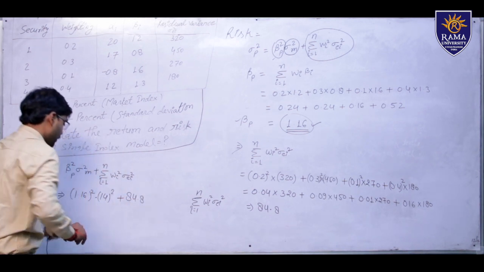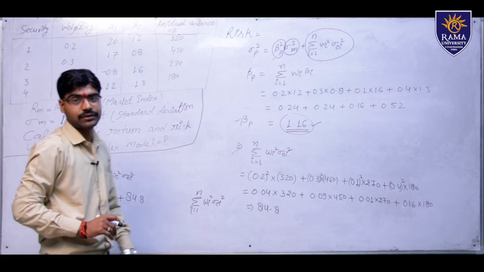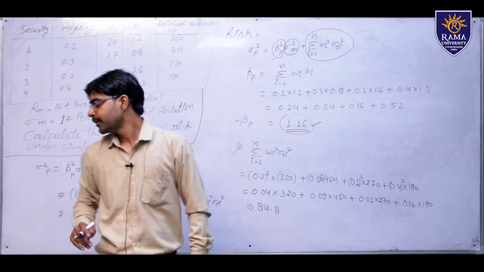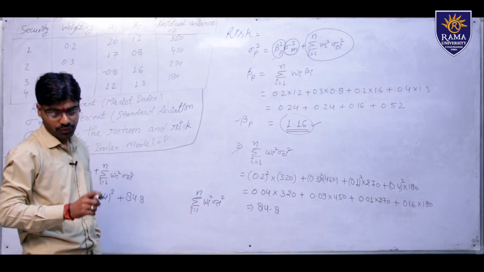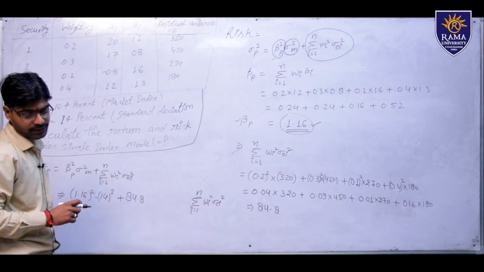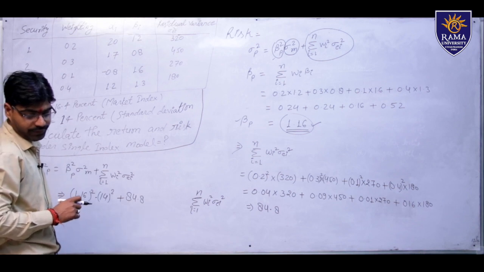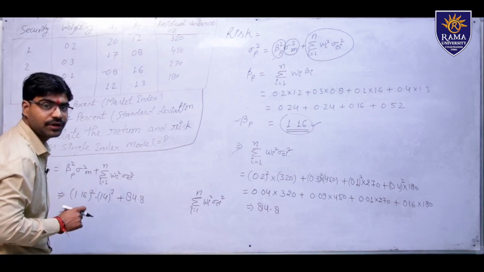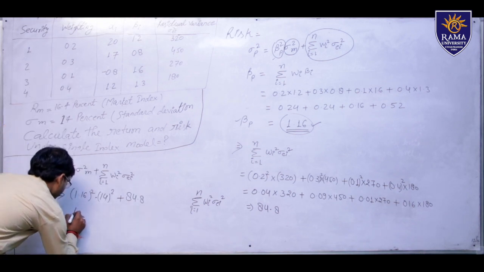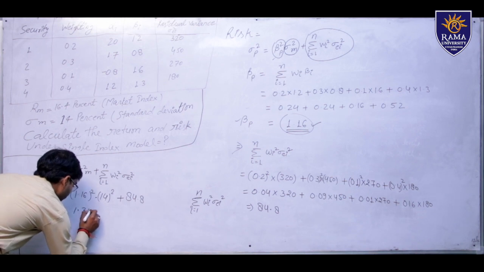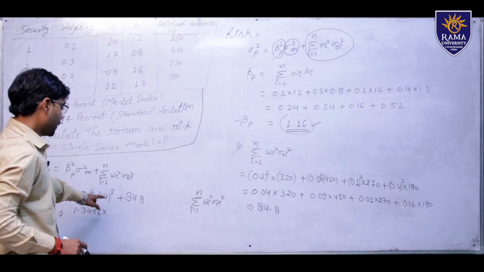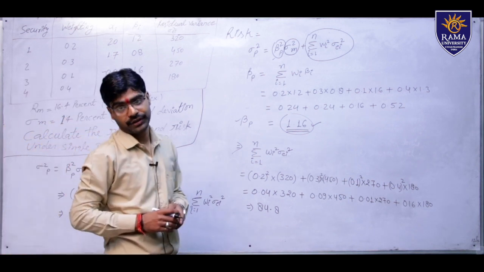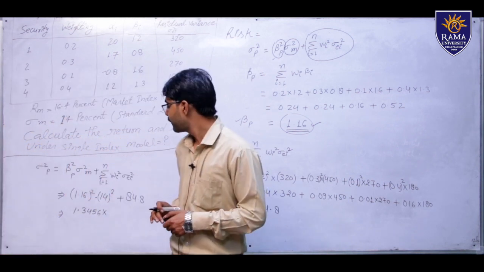Now calculate these. When we calculate 1.16 into 1.16, we get 1.3456. Then 1.3456 into the square of 14. What is the square of 14?